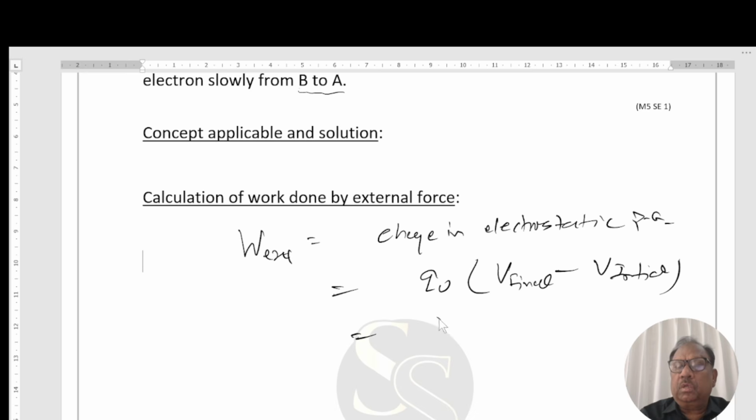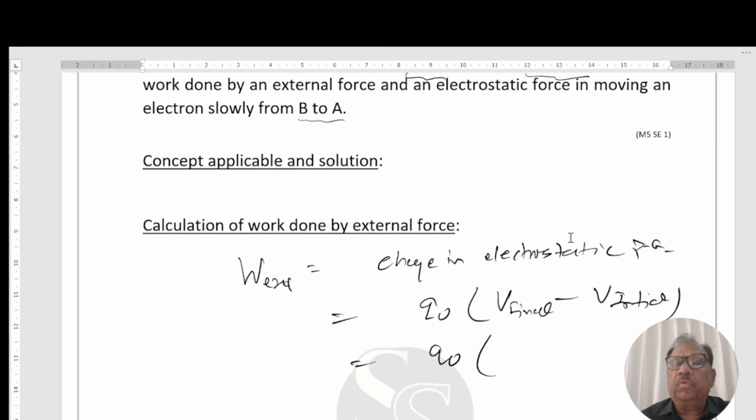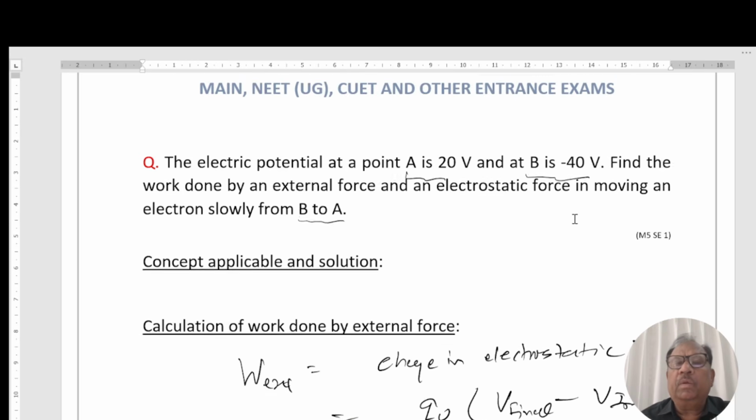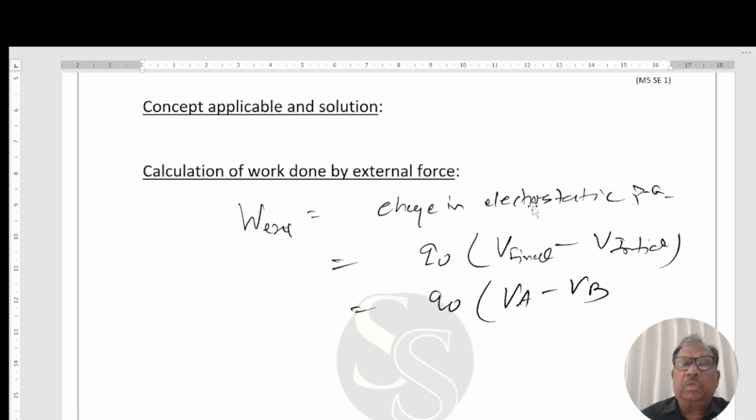Here, from B to A, V initial is VB and V final is VA, so Q naught into VA minus VB. Here the test charge is negative.